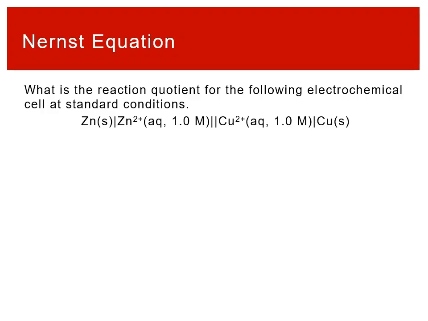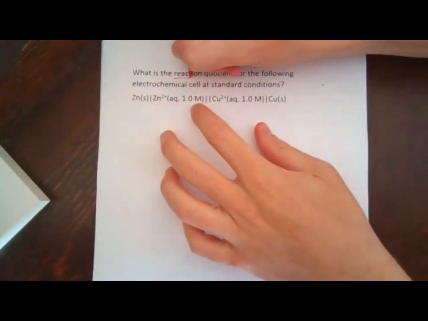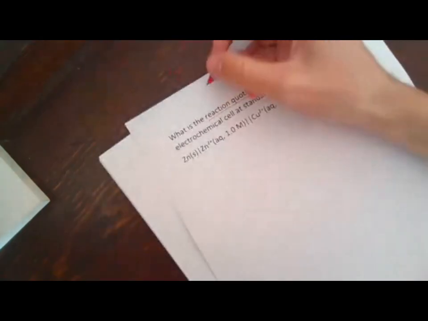So when we want to get some practice using the Nernst equation, it's worthwhile to review reaction quotients, Q. Let's see, what would the reaction quotient be for the following electrochemical cell at standard conditions? I have a cell notation description. We want the reaction quotient for this cell, our Q that we're looking for.